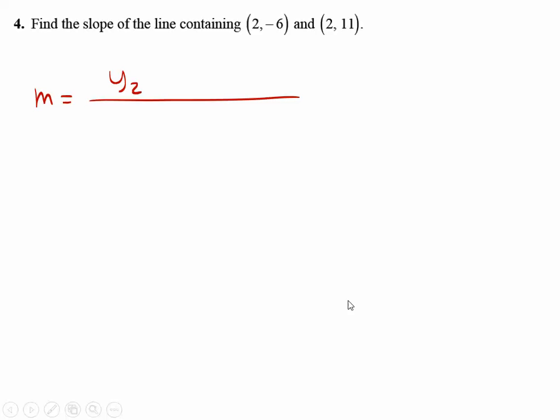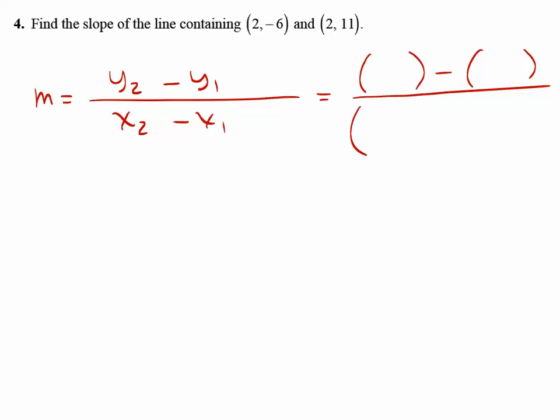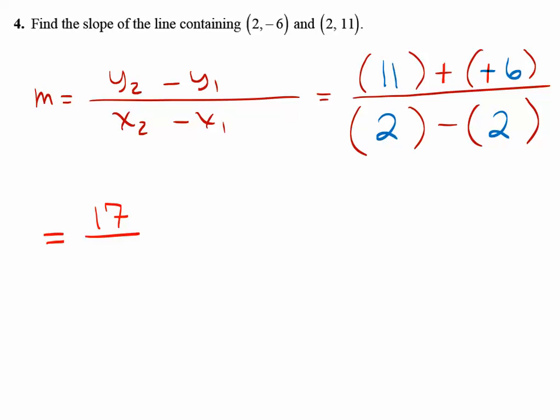So calculating the slope, y2 minus y1 over x2 minus x1. We're going to take the 11, looks like. Subtract negative 6 on top. We're going to take the 2, subtract the 2 on the bottom. And it looks like it's a 17 on top.